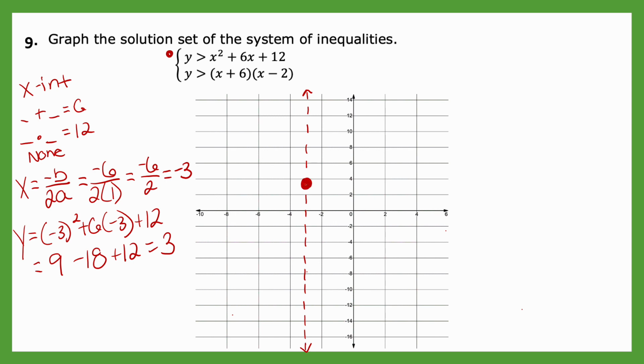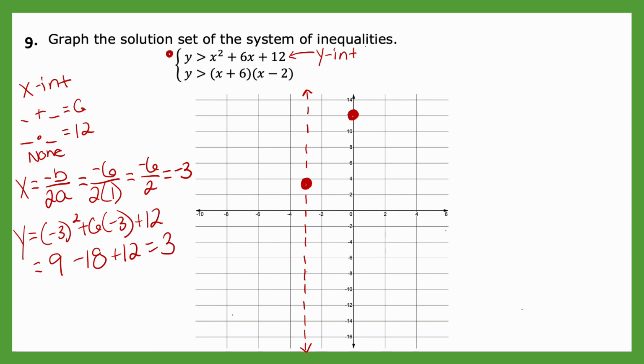So this makes sense that we don't have any x-intercepts because our vertex is located above the x-axis, and because there's this positive x squared here, it's going to open up. So it's already above it and it's opening up, so it's never going to touch the x-axis. We do know that we have this y-intercept with our constant at 12, so we can plot that point.